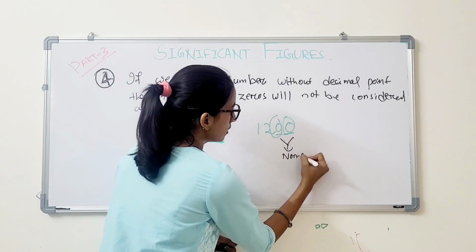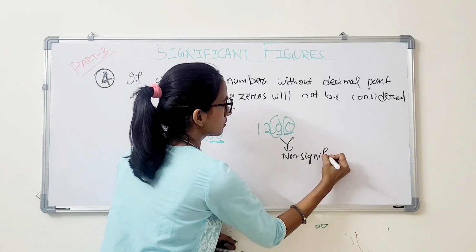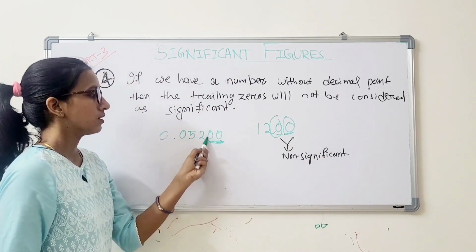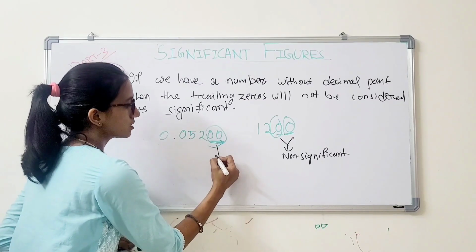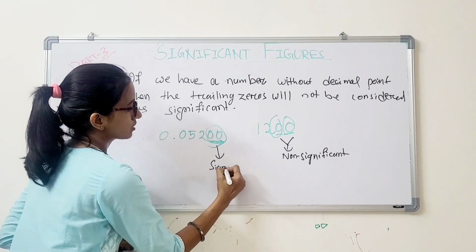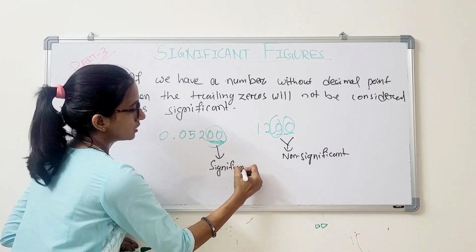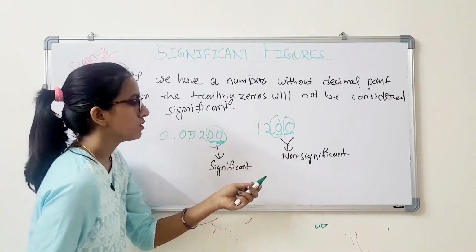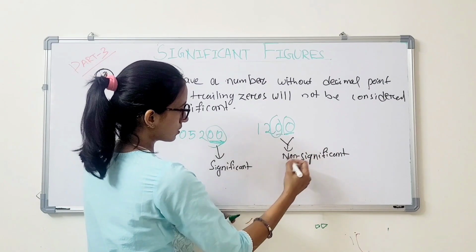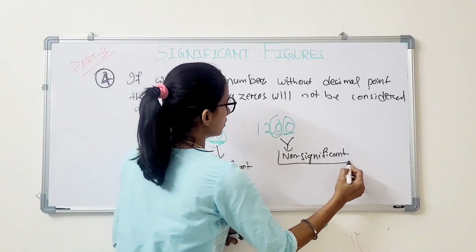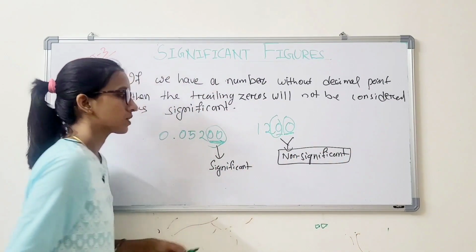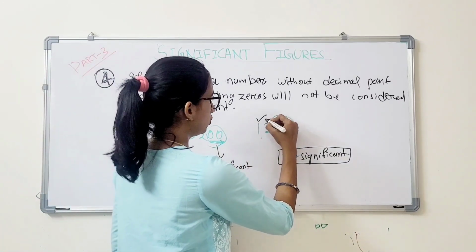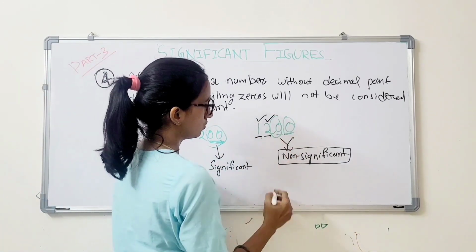What will they be considered? Non-significant. In case of decimal, the trailing zeros were considered as significant. But in case of a number without decimal point, the trailing zeros are non-significant. So in this case, the number of significant digits will be only 2, 1 and 2.